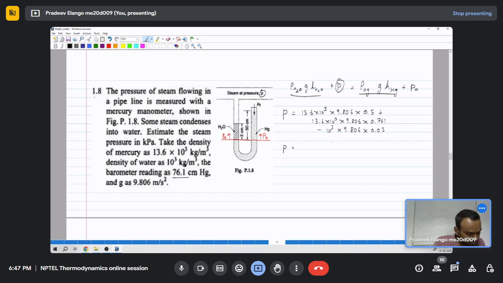Now you can simplify this: 13.6 into 10 power 3 into 9.806 into (0.5 plus 0.761), minus 10 power 3 into 9.806 into 0.03.